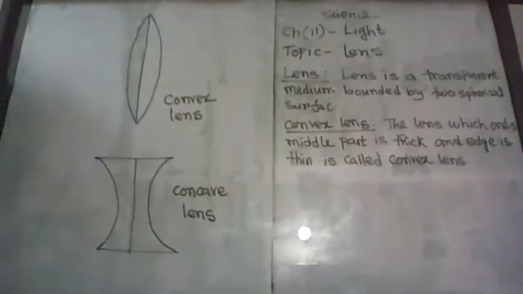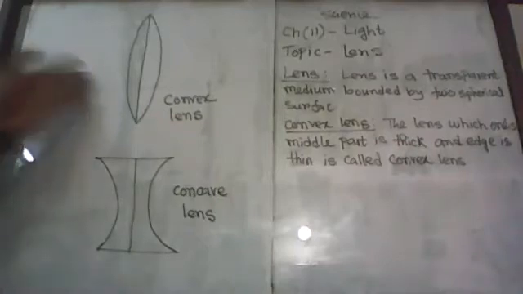So this convex lens has a thick middle part, and this convex lens has a thin edge part. Okay, so middle part is thick and its edge is thin. So this one is the convex lens.